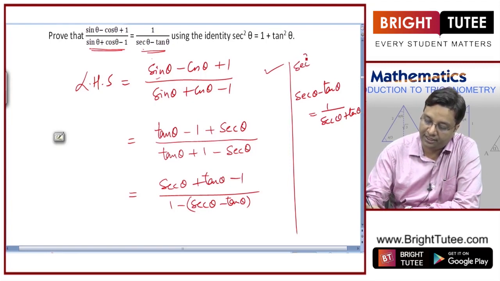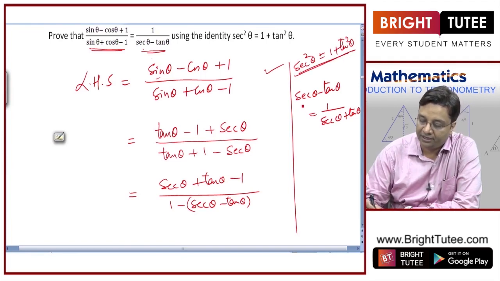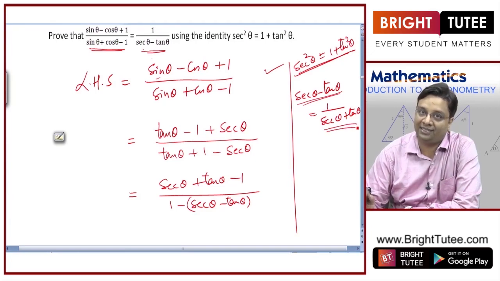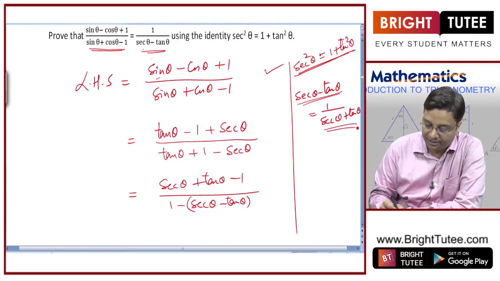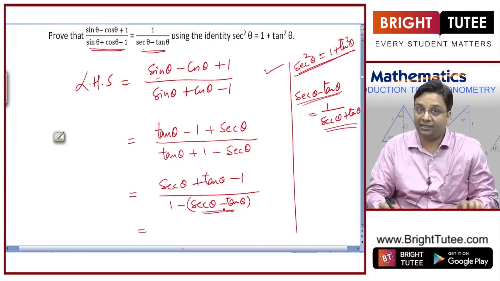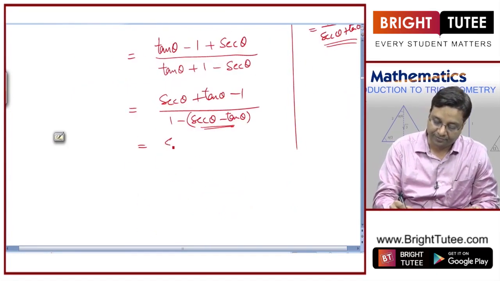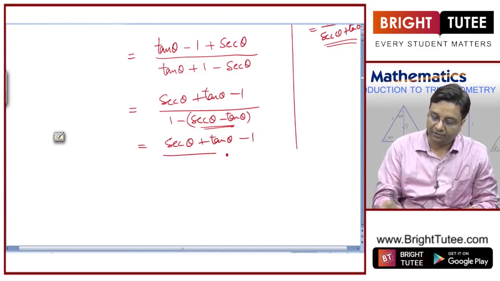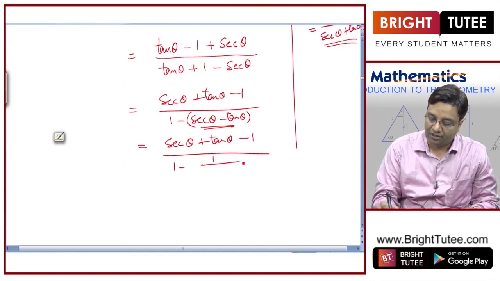By using this identity, secant square theta is equal to 1 plus tan square theta. We used this identity, so we can say secant theta minus tan theta is equal to 1 by secant theta plus tan theta, right? So here I can replace it by 1 by secant theta plus tan theta. So let's write it: secant theta plus tan theta minus 1 divided by 1 minus 1 by secant theta plus tan theta.